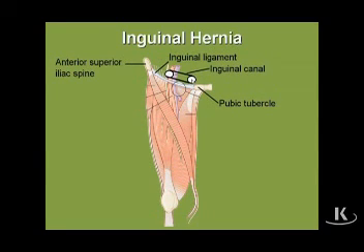What you then can do is, before you ask the patient to cough a second time, use your other hand, your non-examining hand, and compress the abdominal wall right above the midpoint of the inguinal ligament. So you're compressing the deep inguinal ring. Leaving your examining finger on the superficial inguinal ring, you then ask the patient to cough again.